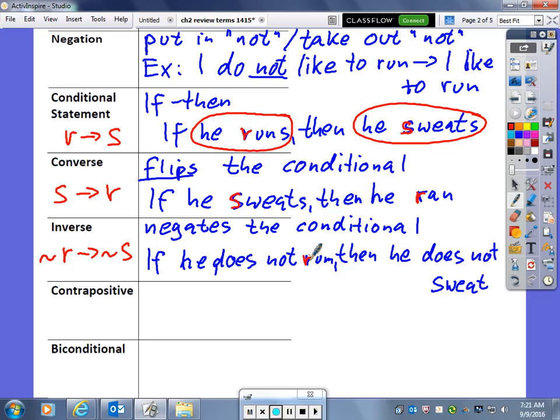Remember, R is the statement he runs, S is the statement he sweats, and the not was indicated by our squiggly line.